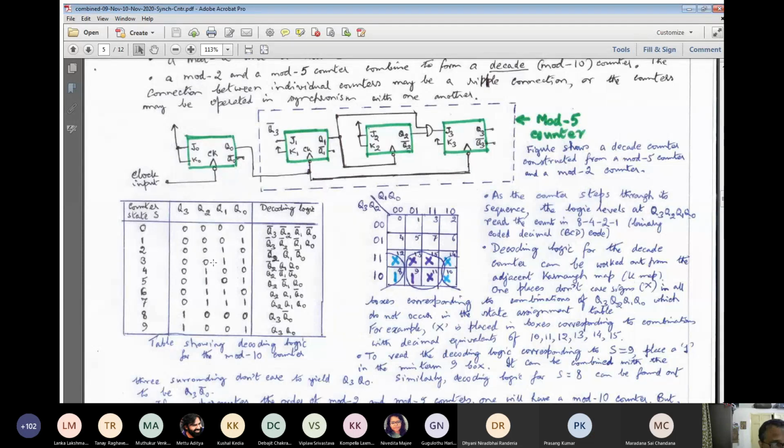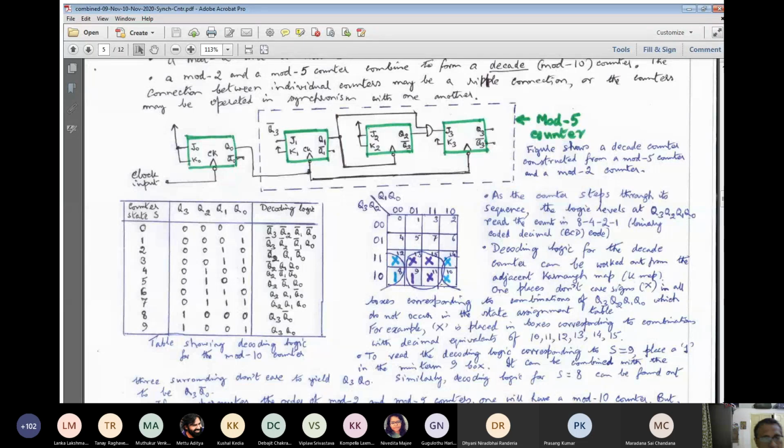That means when this particular state is active, all the other 9 remaining states are inactive. Suppose we want to decode the logic for state 0, which is given by all the flip-flops in the clear state. Then only this particular box we put 1, and the remaining 9 boxes we put 0. But in addition, these 6 don't cares may be of help to us.